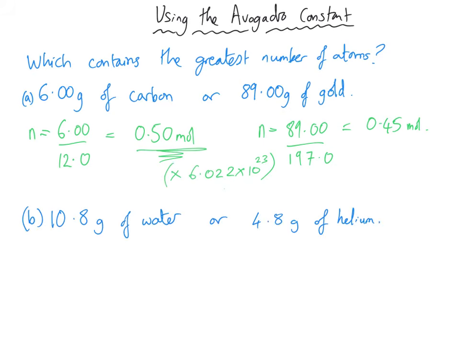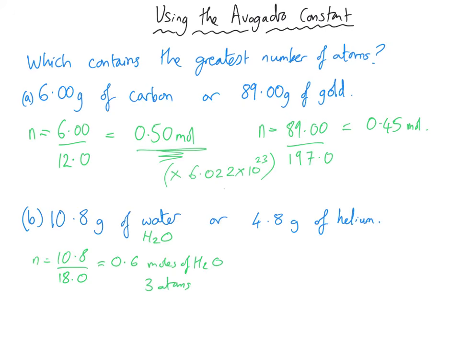This next one looks like it's exactly the same, but it's actually a little bit trickier. And the reason it's trickier is because we've got water here, which is a molecule, H2O. And so moles equals mass 10.8 divided by the MR of water, which is 18.0, which gives us 0.6 moles. Now this is moles of H2O. And in H2O there are 3 atoms.